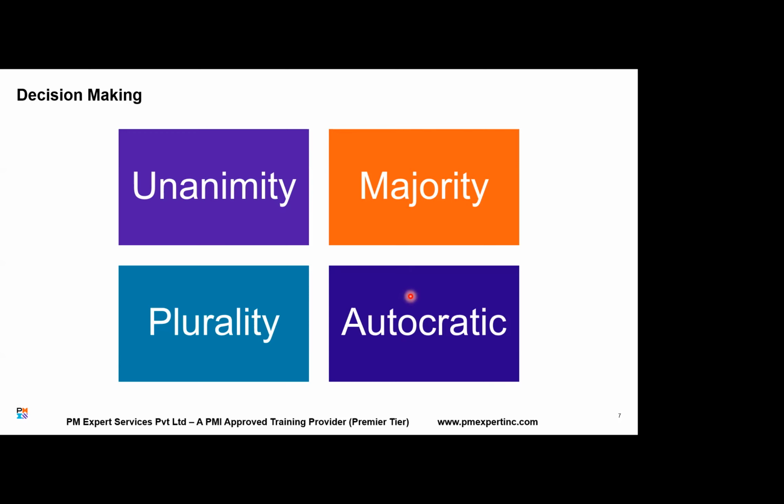You remember we discussed fist of 5. Fist of 5 means, if you completely agree, you show 5 fingers, right? If you agree slightly less, you can show 4 fingers, then 3 fingers, then 2 fingers, then 1 finger, right? And every finger is a vote, right?